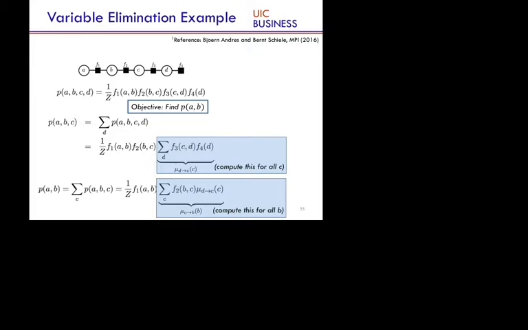It's common, and the remaining terms are f2 of b, c, and the function which is left, the new function nu of c. And again, we need to eliminate c because we are summing over c. So now this whole thing is just a function of b, right? I'm retaining that c to b notation, but just think of it as a function of b.